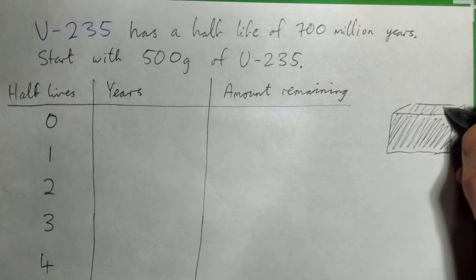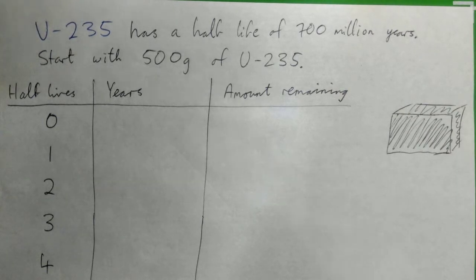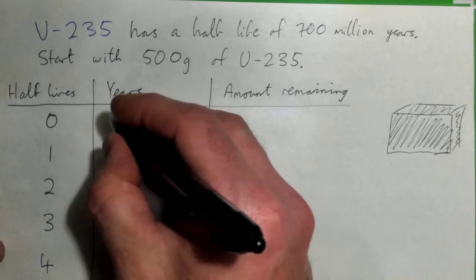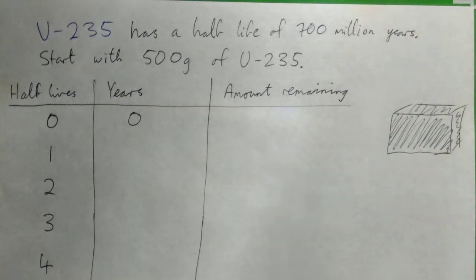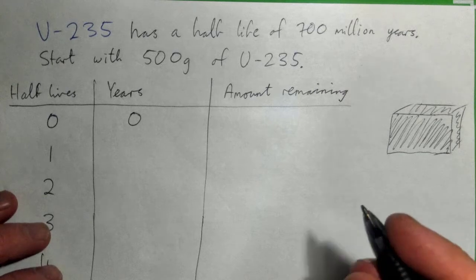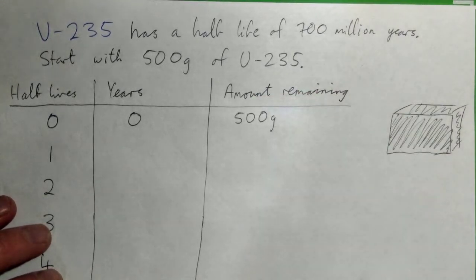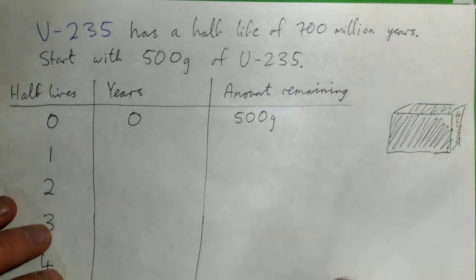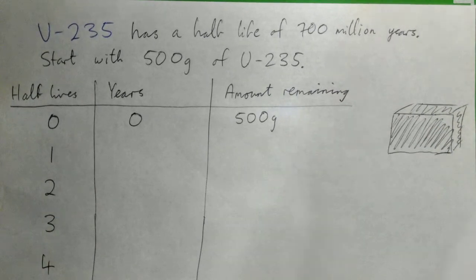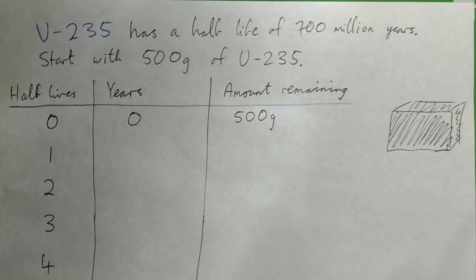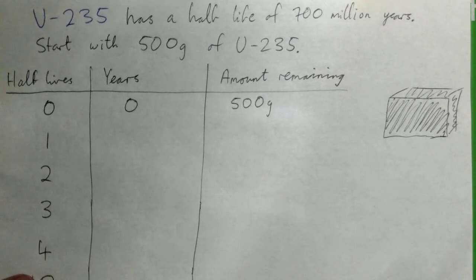Okay. And at the very beginning, right now, 0 half-lives, no years, in this present moment, we have 500 grams. Are you with me? And that's what it looks like. So are you with me that this is a piece of material? And this piece of material decays, it disintegrates, it disappears as time goes by.